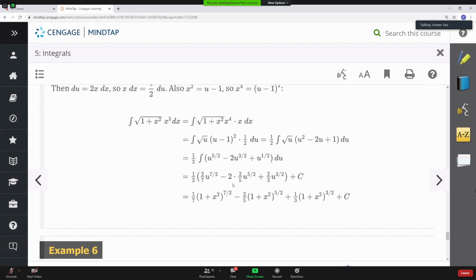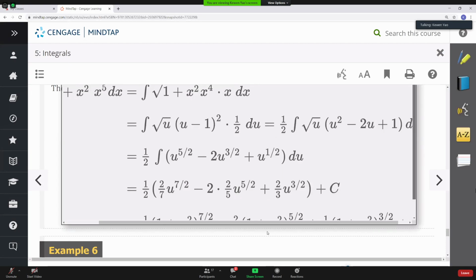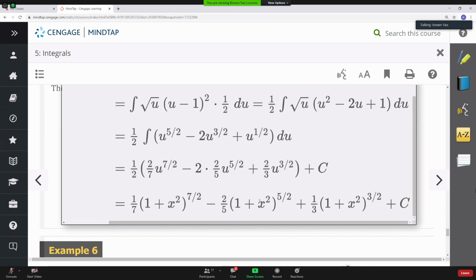Now the 1/2 cancels out again, so it's 2/5, and u is this, to the 5/2. Now the 1/2 cancels out, and it's 1/3 u, where u is 1 plus x squared, to the 3/2. So that's the final answer. No u left. Everything should be written in terms of x. So we have finished.